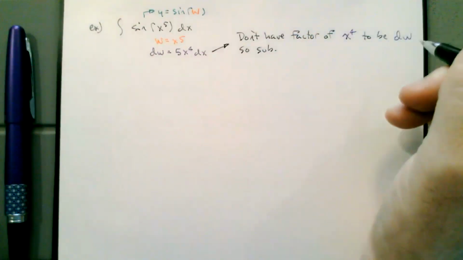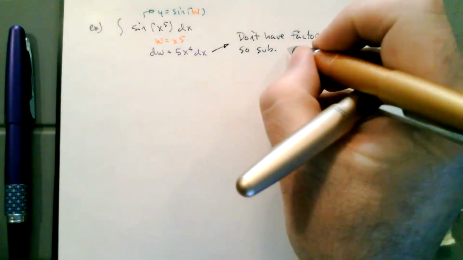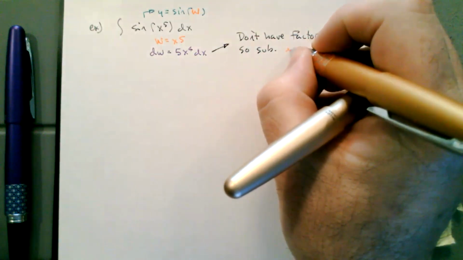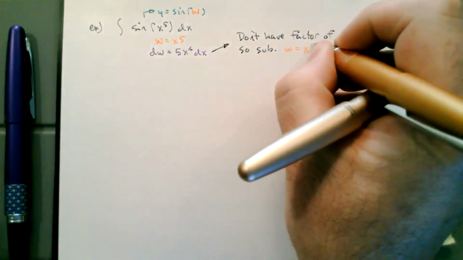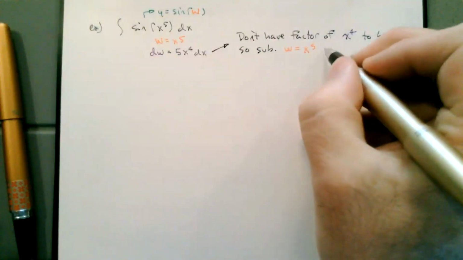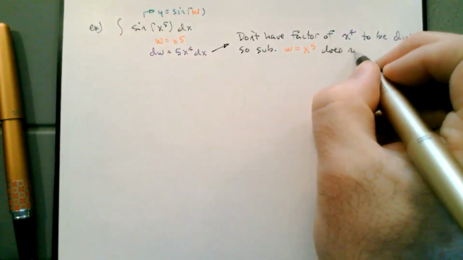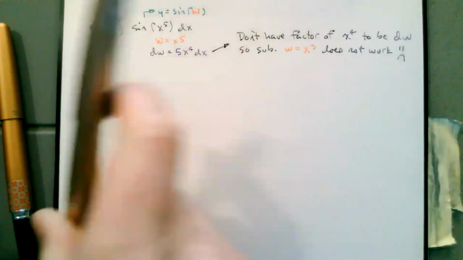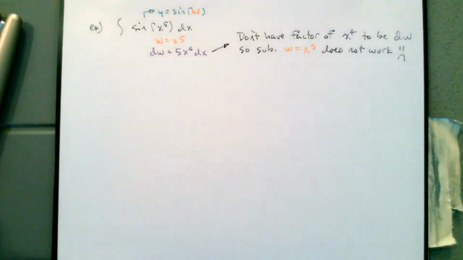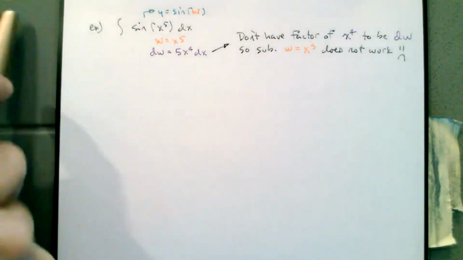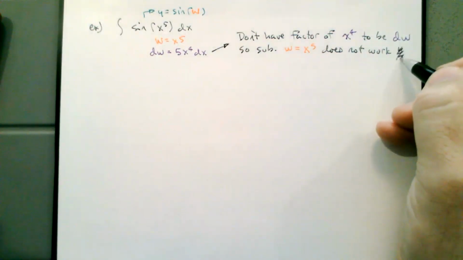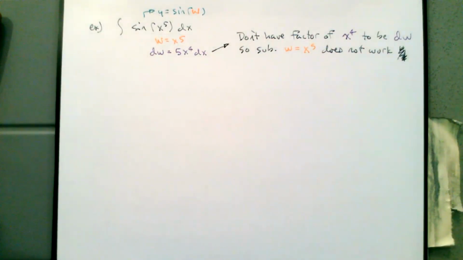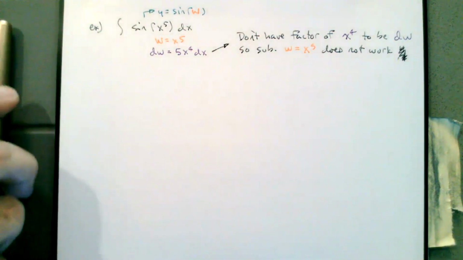Since we don't have a factor of x to the 4th to be the dw, the substitution w equals x to the 5th does not work. We shouldn't be sad about that. I don't know why I'm expressing that as sadness. It's fine, because we know something.